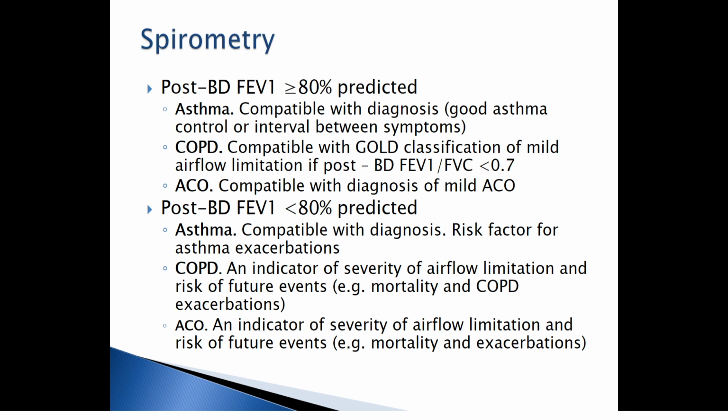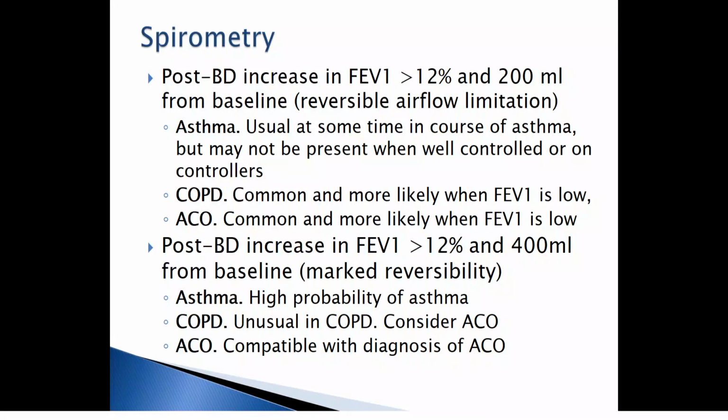In COPD, the level of FEV1 is an indicator of severity of airflow limitation and risk of future events, mortality and COPD exacerbation. Not the same like asthma, but it is constant and even used in classification. In ACO, FEV1 less than 80% is an indicator of severity of airflow limitation and risk of future events.